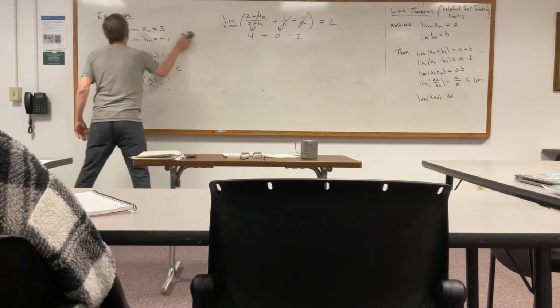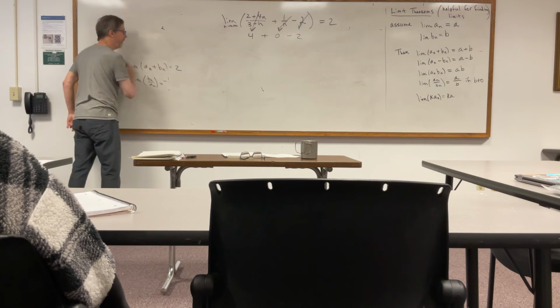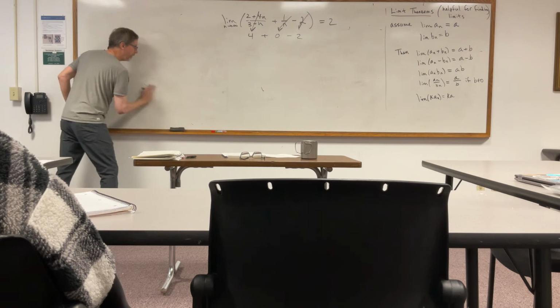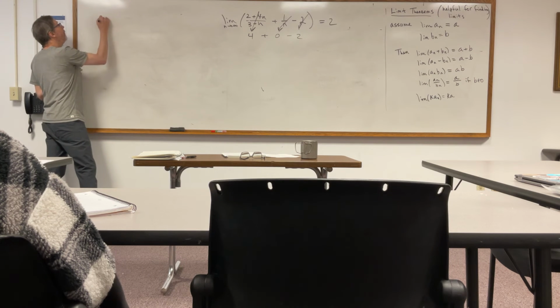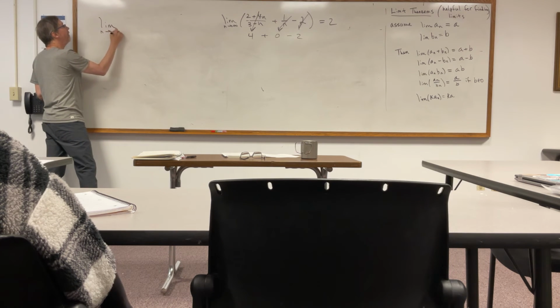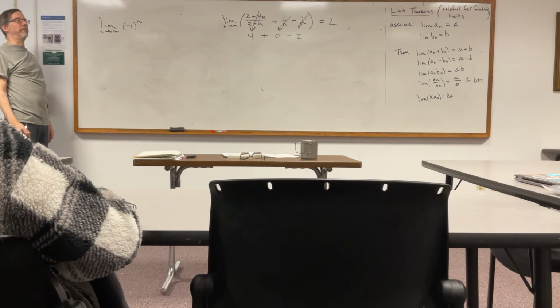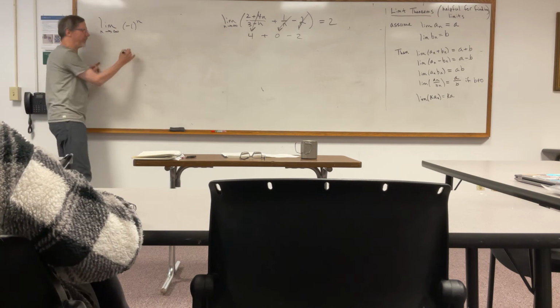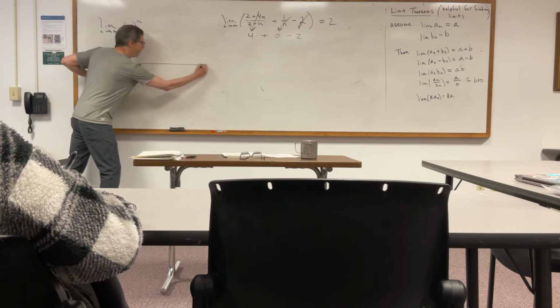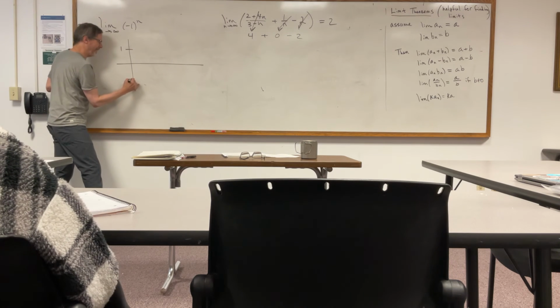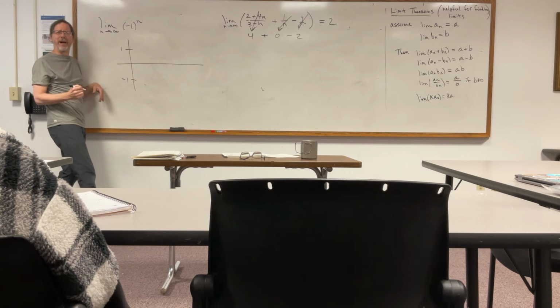Let's look at a counterexample. What about the limit as n goes to infinity of (-1)^n? So we plot it. Here's 1. It only spits out 2 things, 1 and -1.